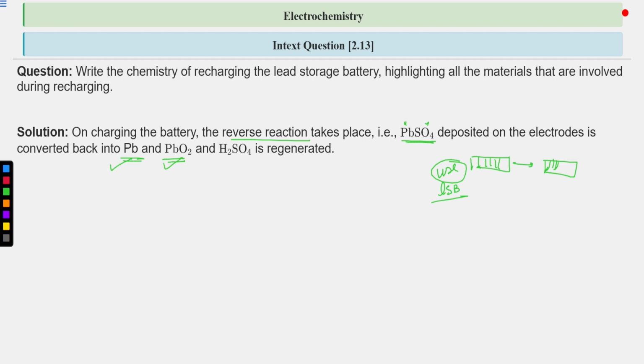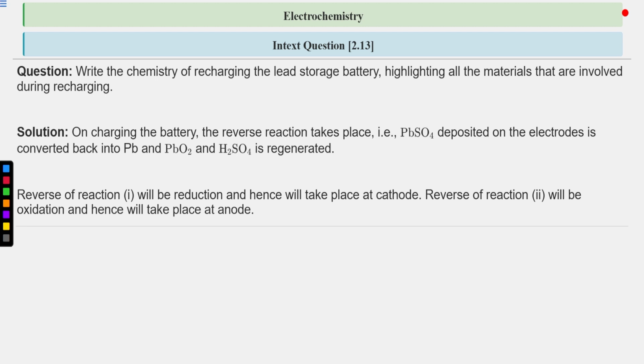That means the reactants which we are using while the reaction. Okay, at the anode and the cathode, remember. So this was the anode and this was the cathode, right? So we will reverse the reaction and H2SO4 is regenerated. So let's see. The reverse of the reaction first, which was happening on the anode, will be reduction.